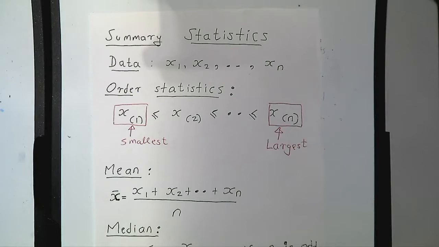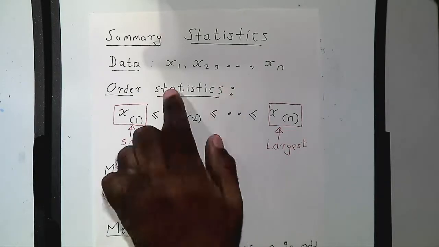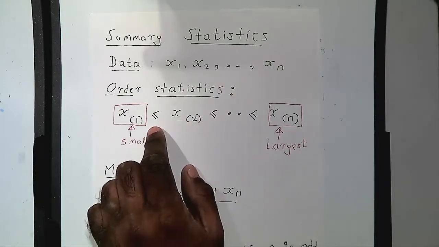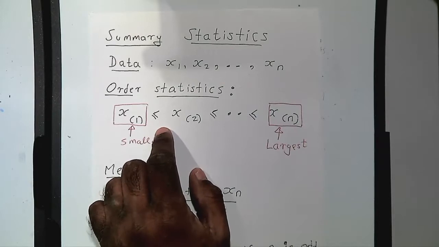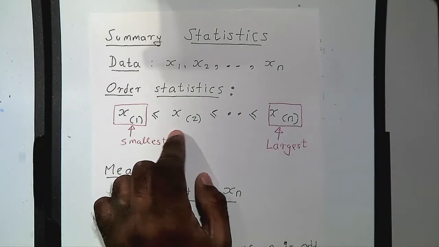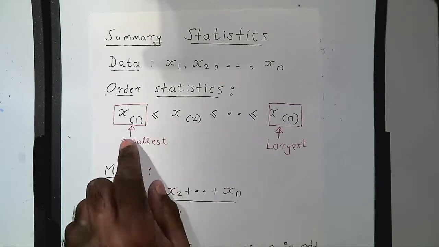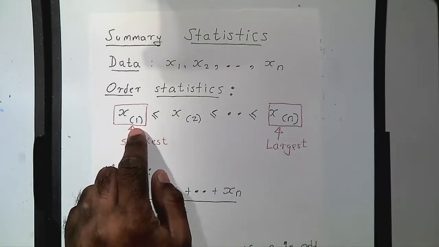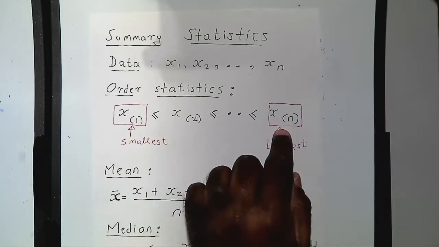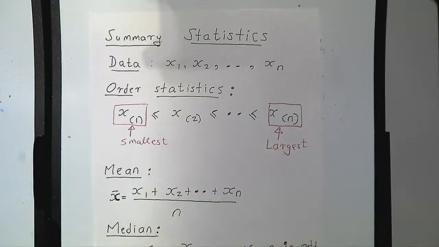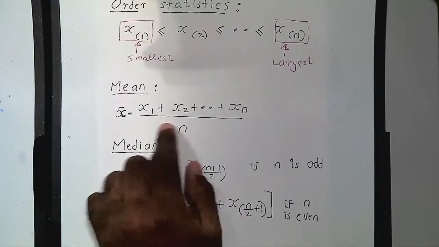When you have a data set, x1 to xn, the first thing I talked about is order statistics, which is the arrangement of the data from the smallest to the largest value. So x sub (1) is the smallest data point, and x sub (n) is the largest data point. Then I talked about the mean, which is the average.